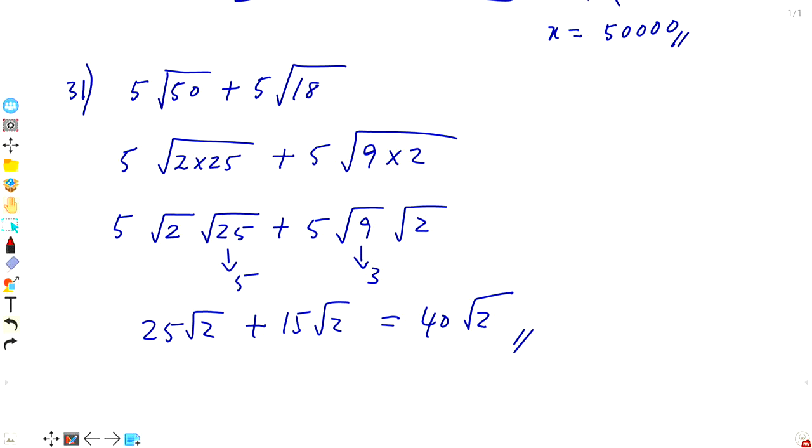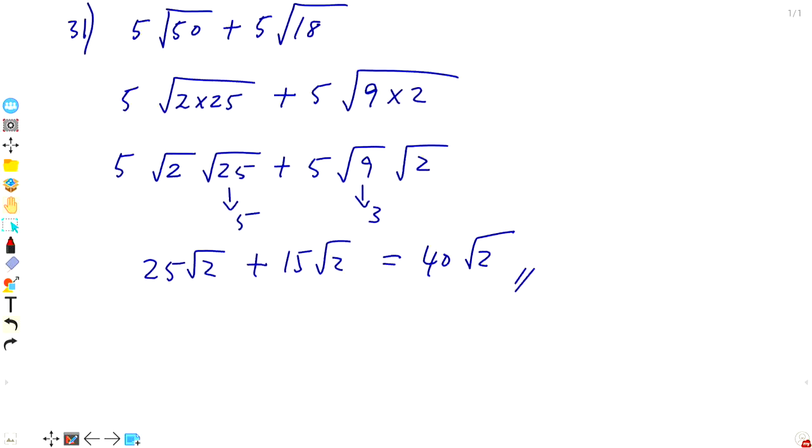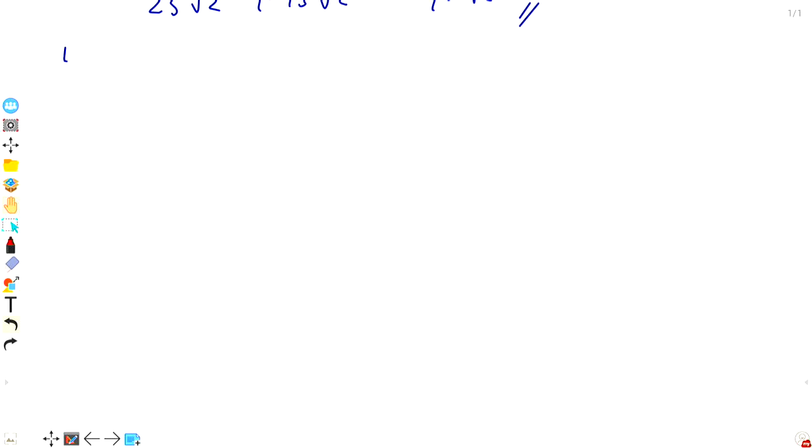Okay. Next one. 44. The perimeters of two circles are in the ratio 1:9. Okay. So this is the perimeter of this one, with radius R1.